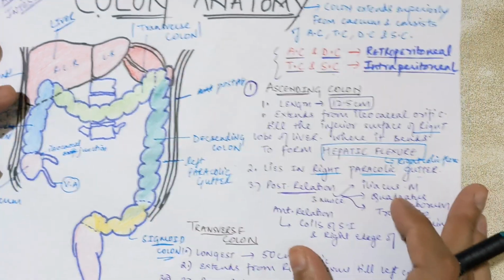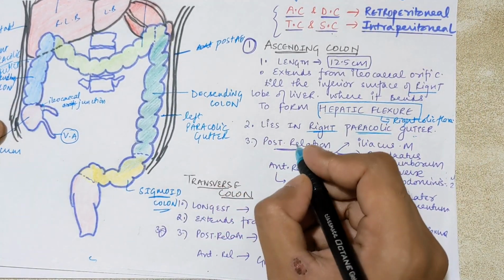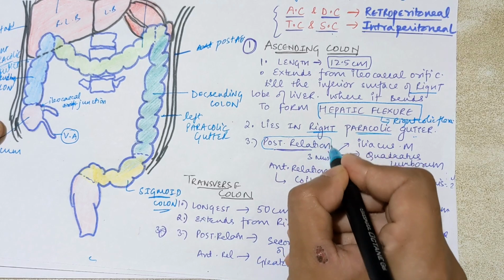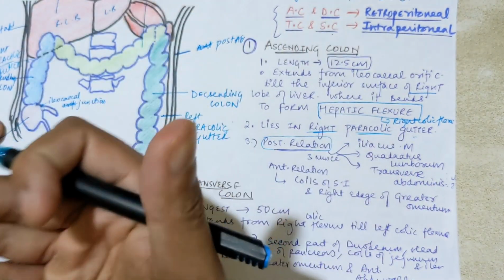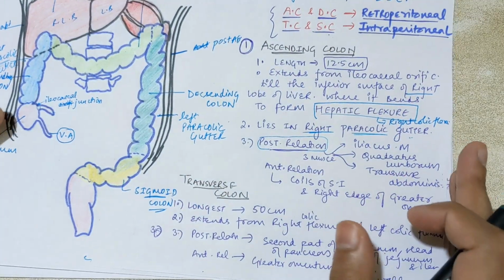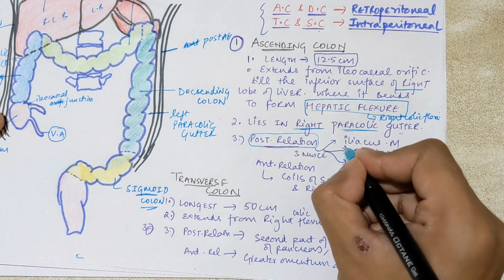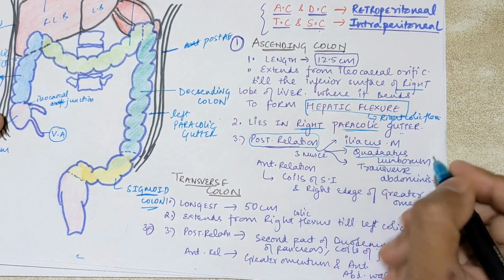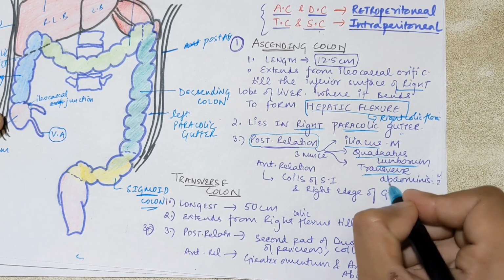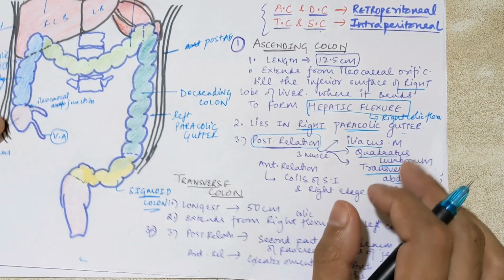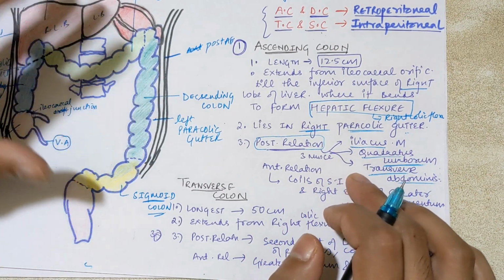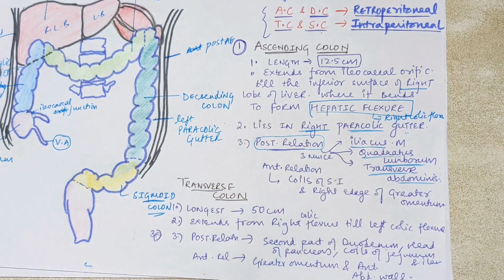Clear? This much. And now if we talk about the relations, what will be present on the posterior side, or in front of which muscles the ascending colon will be crossing. So the muscles are actually the iliacus muscle, quadratus lumborum, and the transverse abdominis. Clear? And what are the anterior relations? What will be present on the anterior side except the anterior abdominal wall?